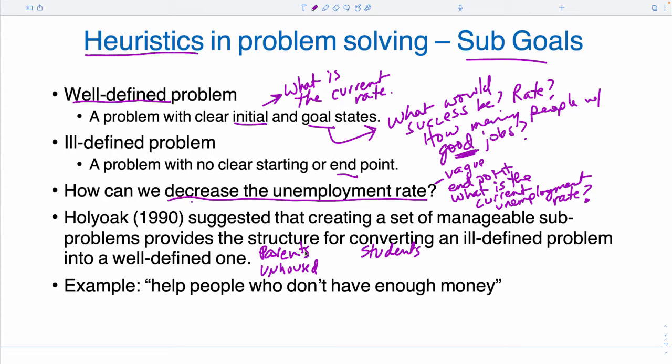And so that might mean separate initial and end states for different populations of people, or where, if you're working with individuals that have obstacles in the way of getting a job, maybe you get them from where they are now to perhaps getting them shelter, and then perhaps other resources, maybe mental health resources. Maybe health care.